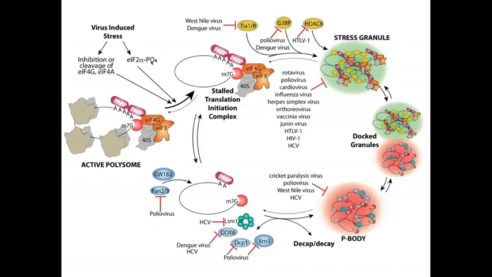The cell responds by phosphorylating EIF2, or the virus cleaves, say, 4G, and this inhibits translation. So now we have what we call a stalled translation initiation complex, because these mechanisms mainly act at the level of initiation. These are sensed by the cell. The cell says, we have stalled translation complexes.